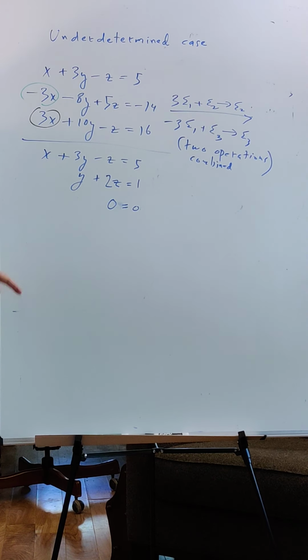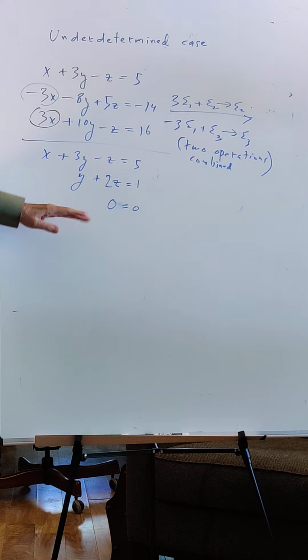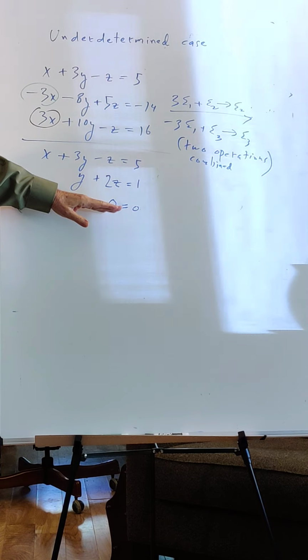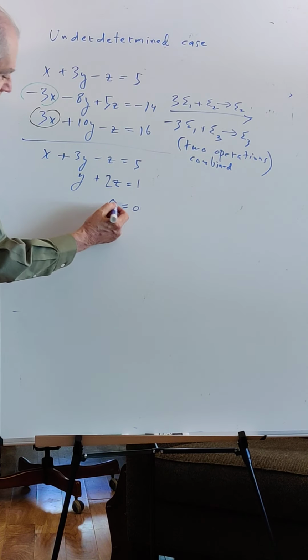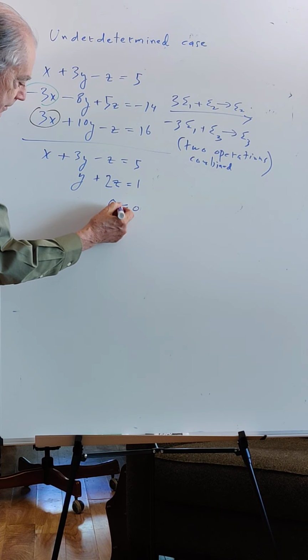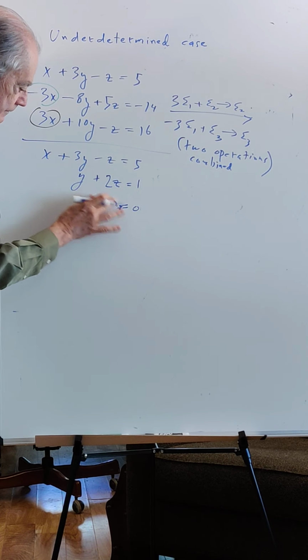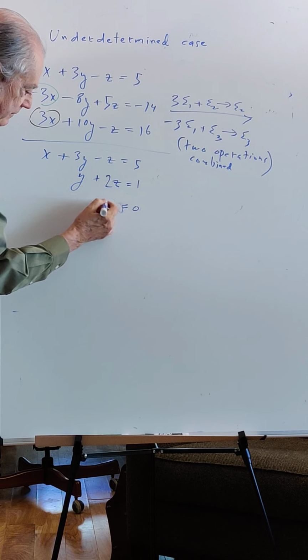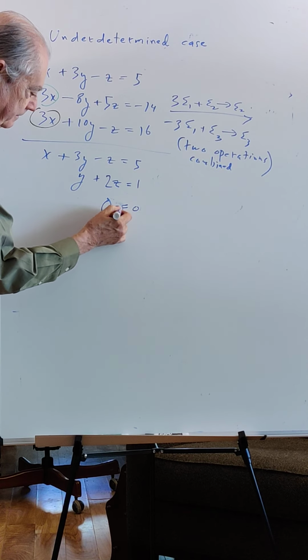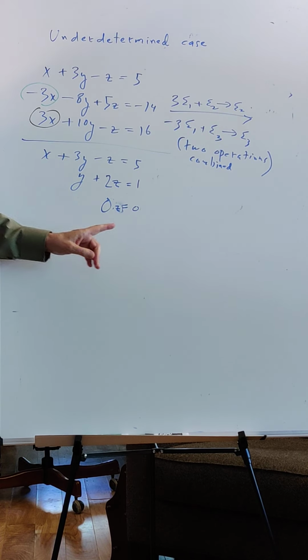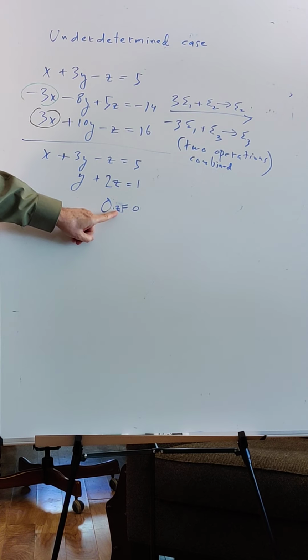Now we're going to back substitute. Now, the way to think about this is think of 0 as 0 times z equals 0. So, no matter what value I give to z, this will be true, won't it?